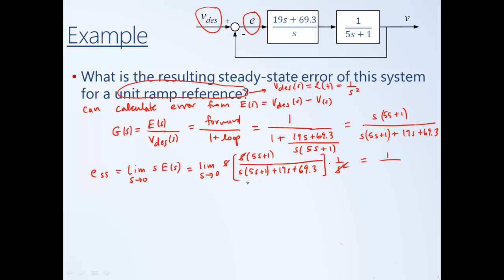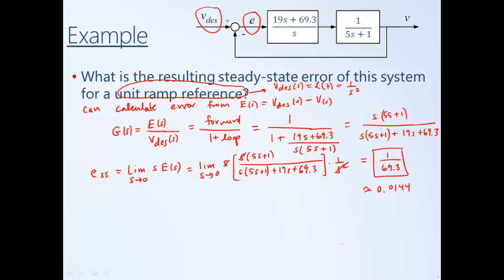You substitute 0 here, that term will go to 0. You substitute 0 here, that will go to 0. We'll just be left with 69.3, which is approximately 0.0144. So that is the steady state error for a unit ramp command in desired velocity.